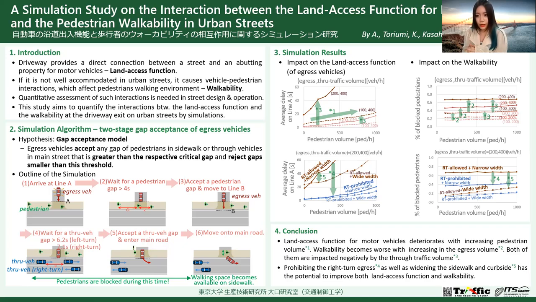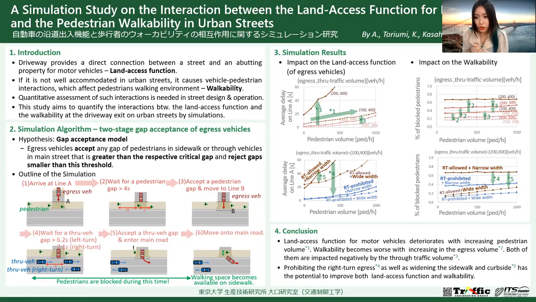So when it is bigger than 4 seconds, the egress vehicle can accept this pedestrian gap and move to the line B. And then step four is that the egress vehicle waits for the through vehicles on the main line, on the line B, and waits for a through vehicle gap, the second gap.